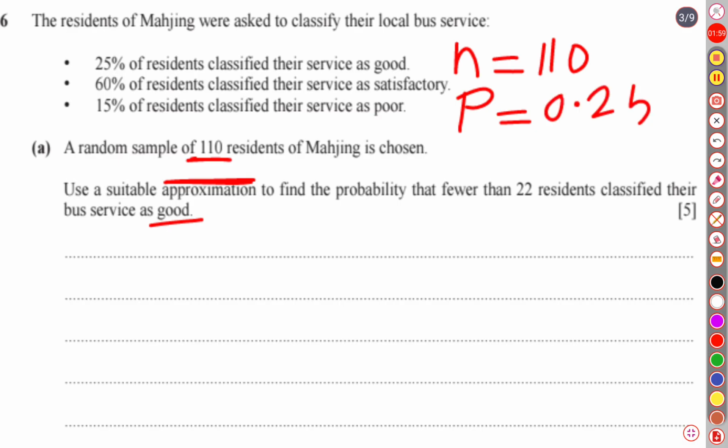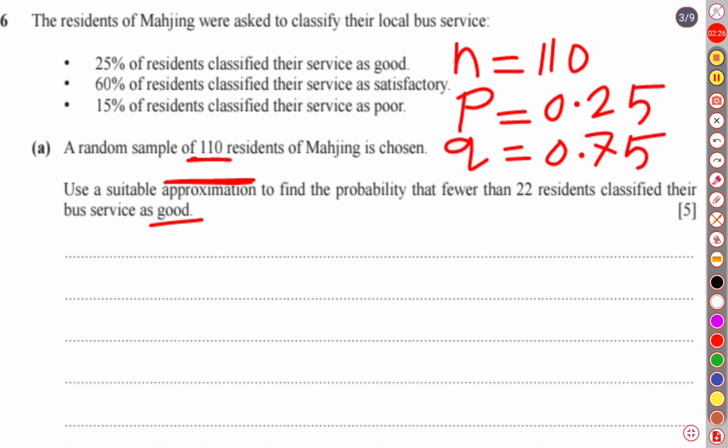We will require one more symbol, which is q. q is actually 1 minus p. p is the probability of the required distribution, and q is just the subtraction from 1. So 1 minus 0.25 is 0.75. These are the three pieces of information we need.